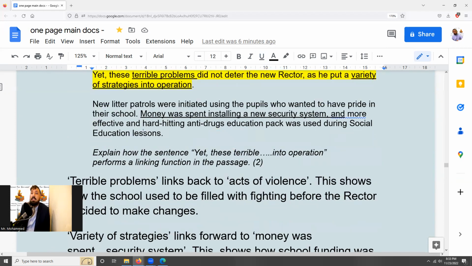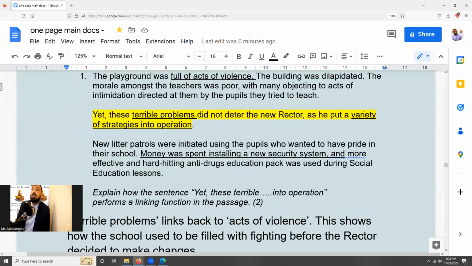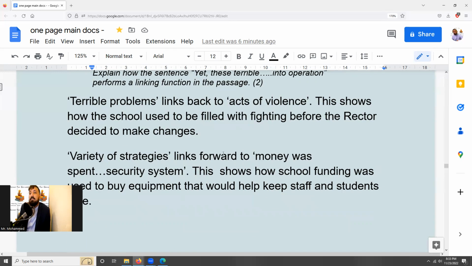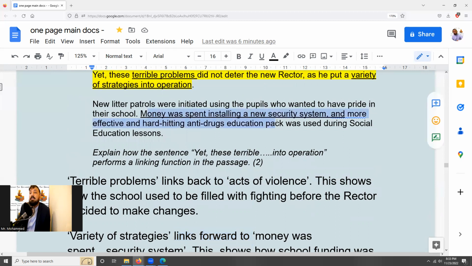Okay, and then again, if we're doing both directions, we take the other part of the link, "variety of strategies", which is this part of the link, links forward to. So now I'm going in the other direction, I'm going forward, and I'm going to pick this here.